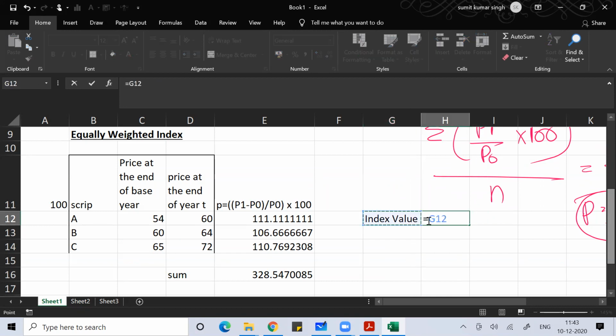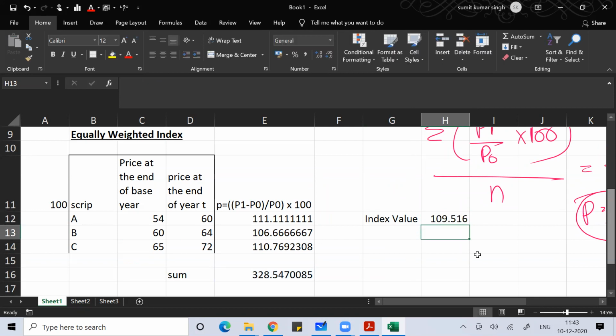This is the index value of the equally weighted index.